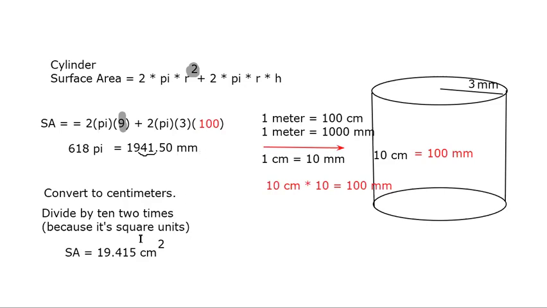So 19.4 times 2.54, that's about 60 square inches, maybe? Almost 3. It's between 50 and 60 square inches on the outside of this can. So that's not a lot. All right. Now let's look at another shape.